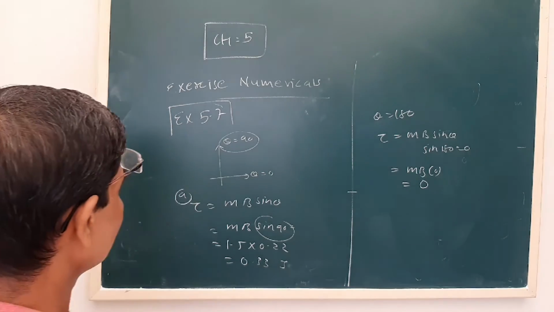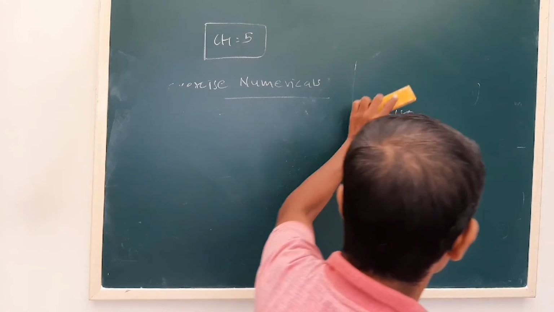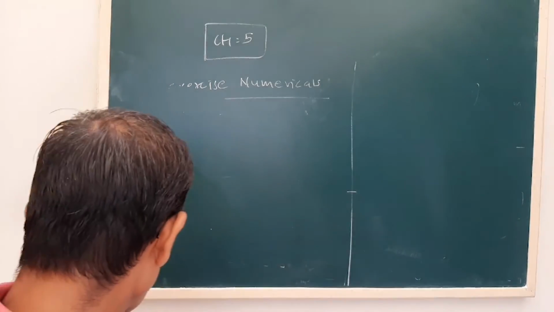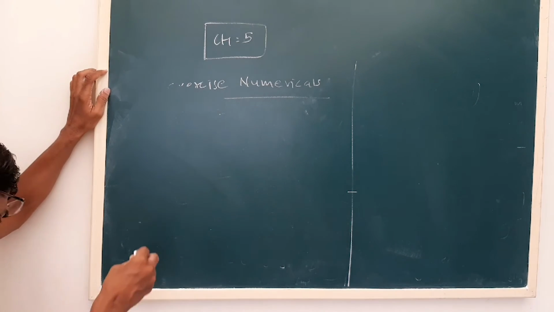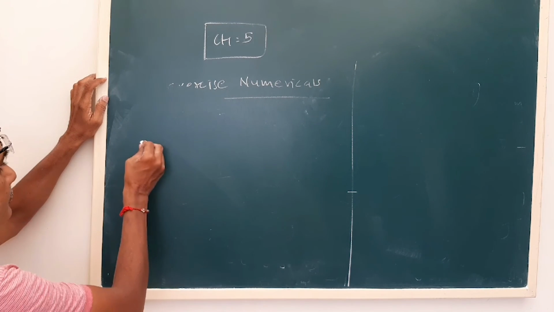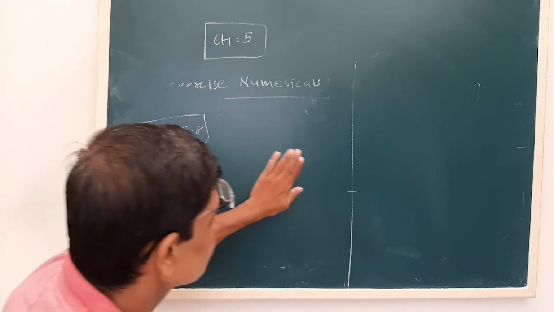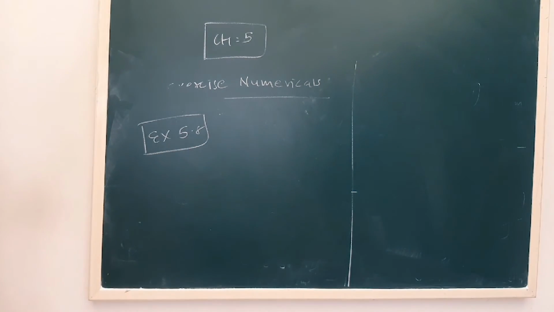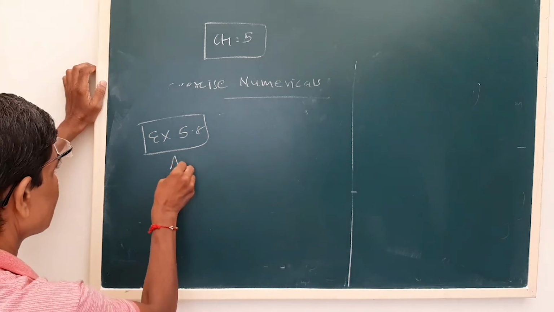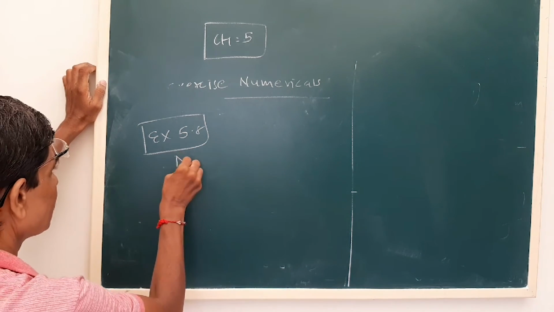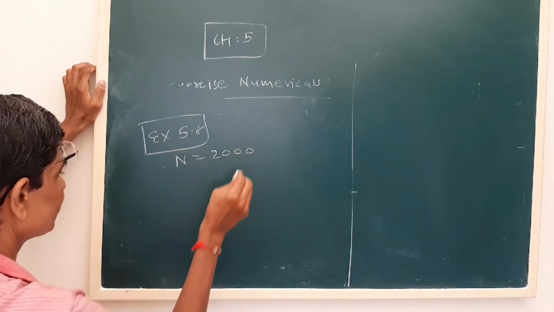Now this is about exercise sum number 5.7. Now exercise sum number 5.8. A closely wound solenoid has number of turns given as 2000.